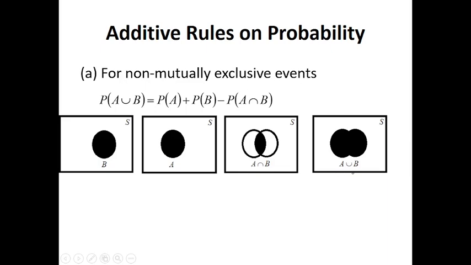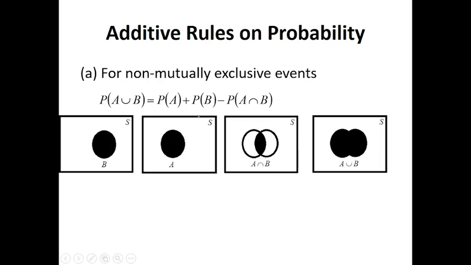Okay? Outcomes lahat ng A, outcomes lahat ng B, outcomes na common sa A and B. Pag-add natin yan, minus yon, minus ito, equal yan dito.